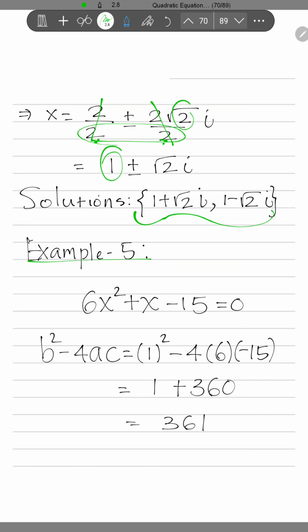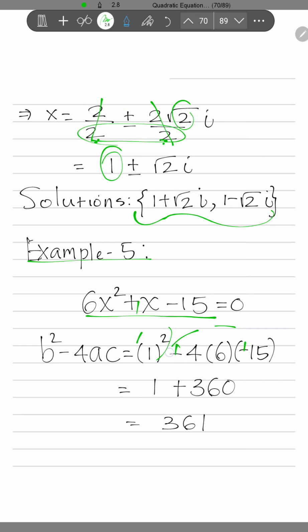Next example here. 6x squared plus x minus 15 is equal to 0. This is in the standard form, so no rearrangement is required. b squared minus 4ac, where b is 1 here, is 1 squared minus 4 times 6 times minus 15, which is going to be a plus.